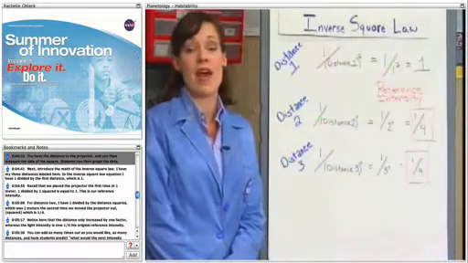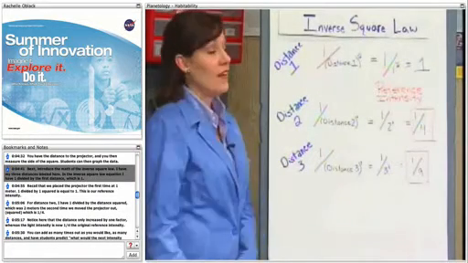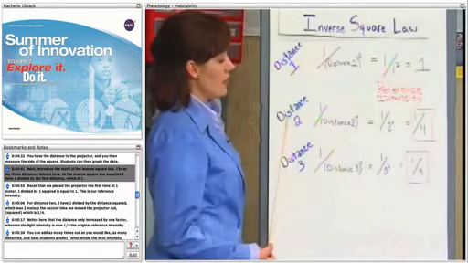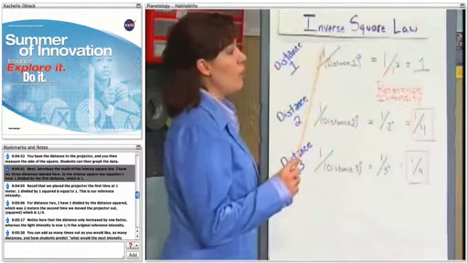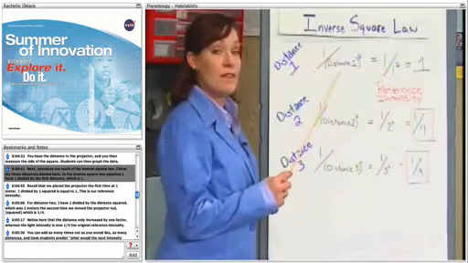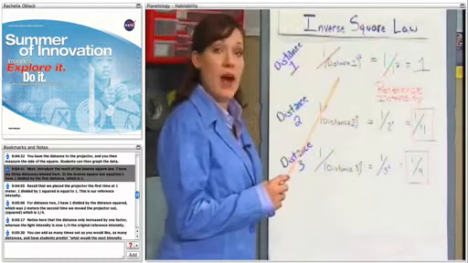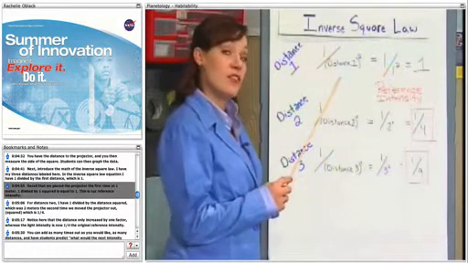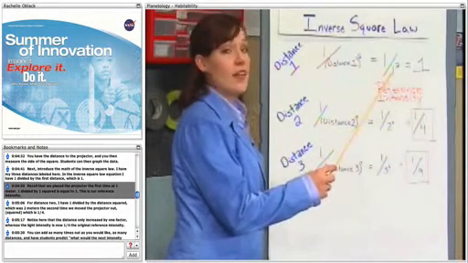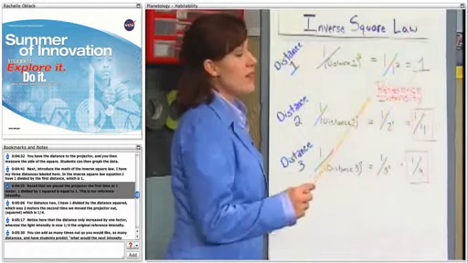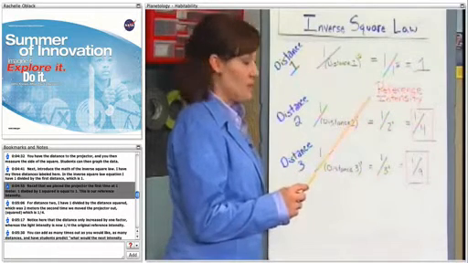Next, introduce the math of the inverse square law. I have my 3 distances labeled here. In the inverse square law equation, I have 1 divided by the first distance, which is 1. Recall that we placed the projector the first time at 1 meter. 1 divided by 1 squared is equal to 1. This is our reference intensity.